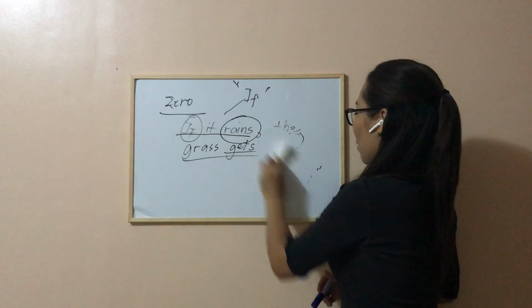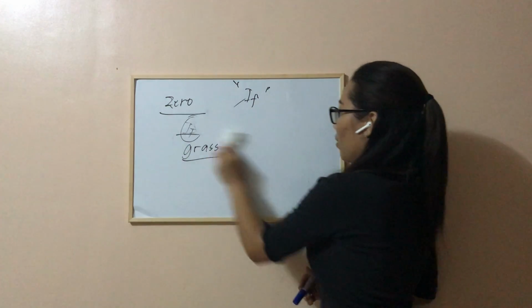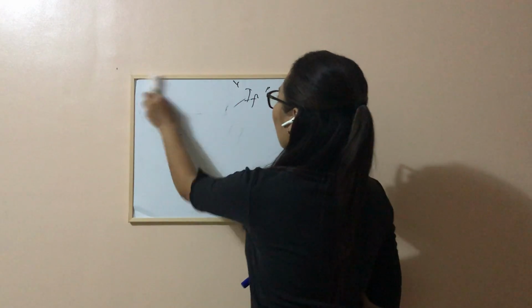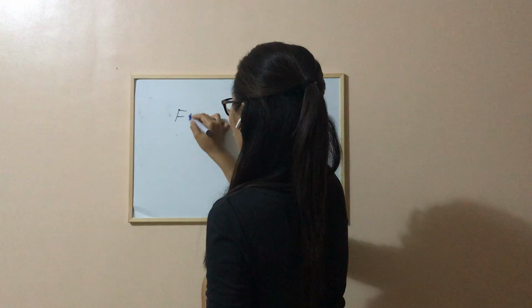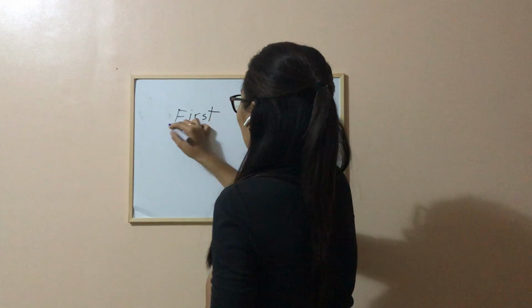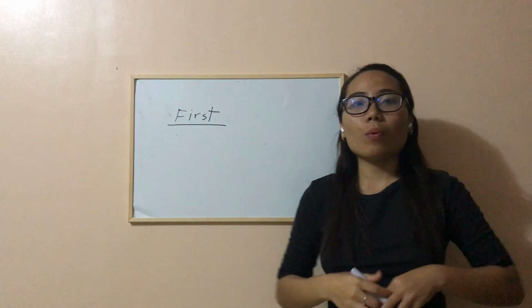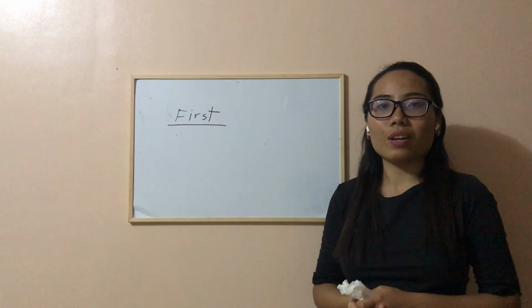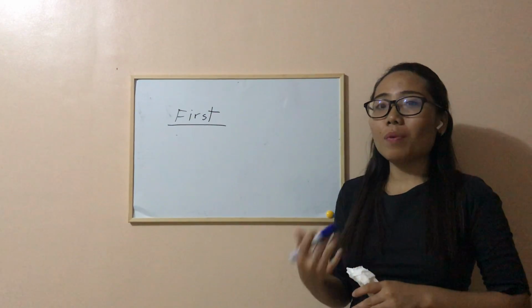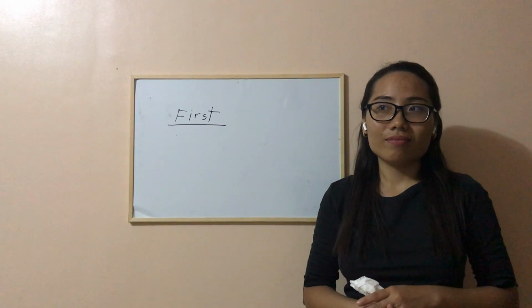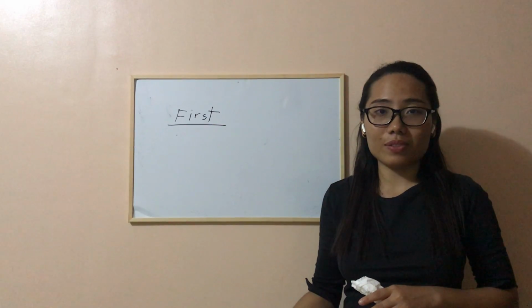The second type is the first conditional. Now, when do we use this first conditional? We use the first conditional when we're talking about a possible condition and its probable result.